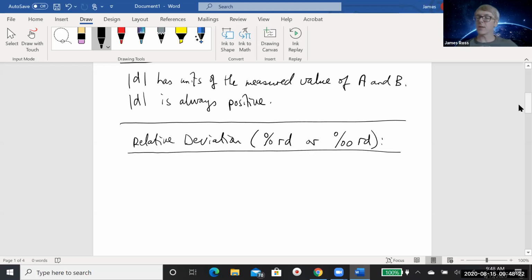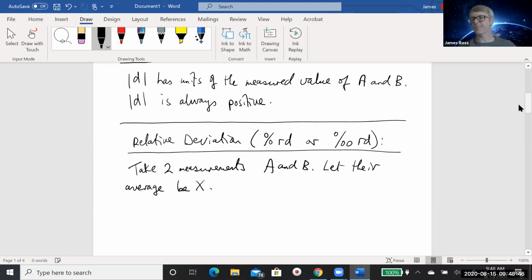Okay, so take two measurements, A and B, and let the average be X. So exactly the same as earlier.